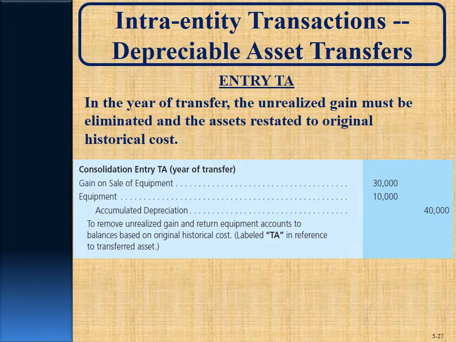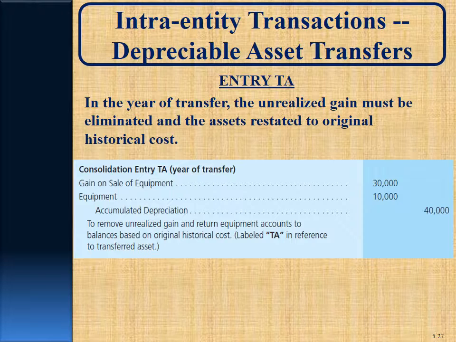That's where it gets interesting. In the year of transfer of an asset, here's entry TA. The unrealized gain must be eliminated and the assets restated to original historical cost. So what does that mean? Well, remember, what did Able do when they sold this? Able credited equipment for $100,000, debited accumulated depreciation for $40,000, and recorded a gain.